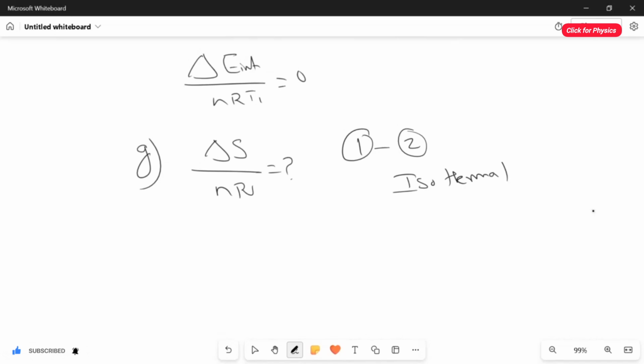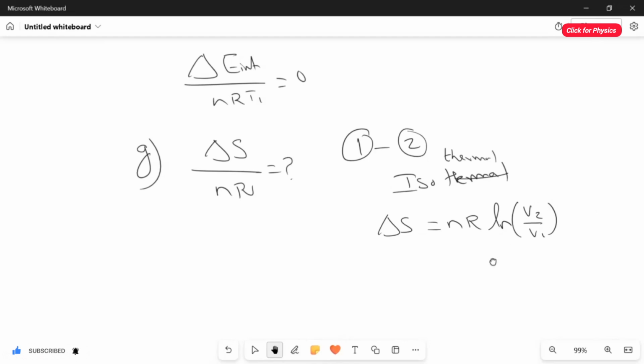So for the change in entropy, what we studied is that change in entropy is equal to N R natural log of V2 over V1. This is the condition for isothermal. Clear? Now, point 1 and 2 means V2 over V1. So I have to use this one.